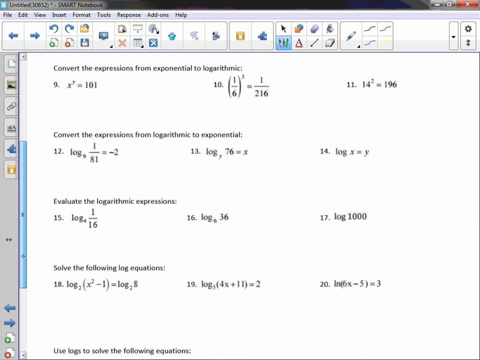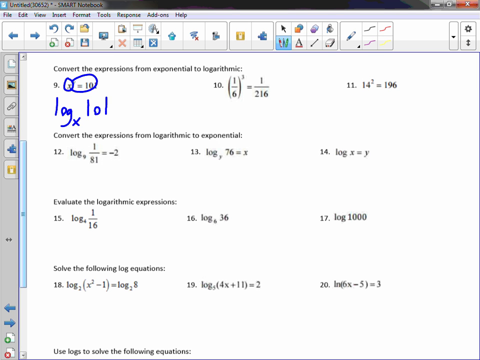Nine, 10, and 11, we're converting from exponential to logarithmic. We can use the Snell method here. So there's our roadmap. We get log little x of 101 equals y. Number 10, again, Snell method. We get log little 1 over 6, big 1 over 216 equals 3.